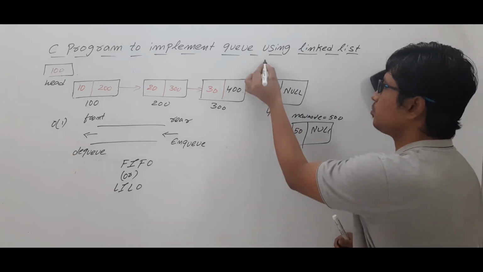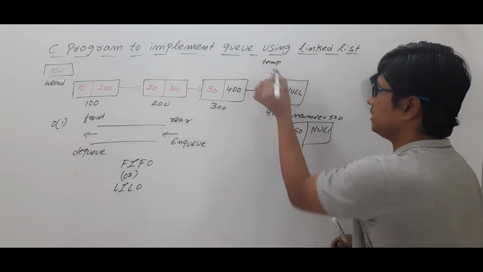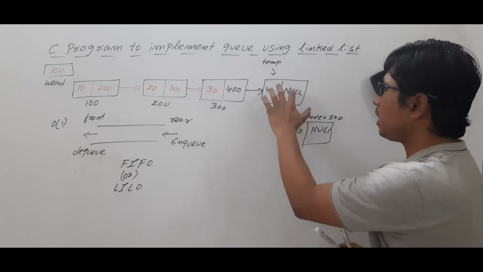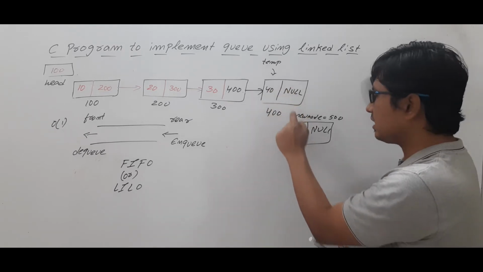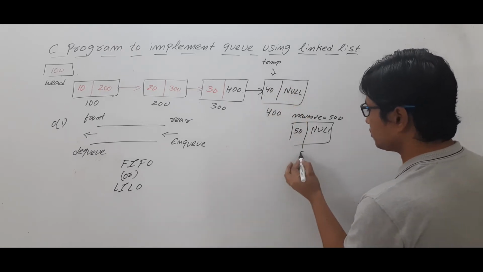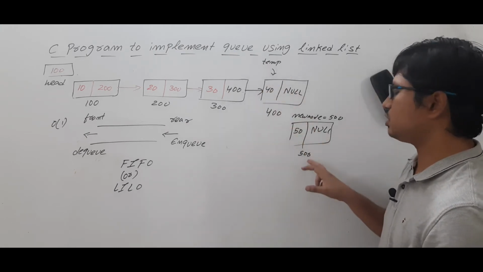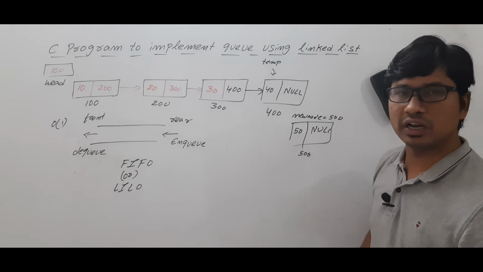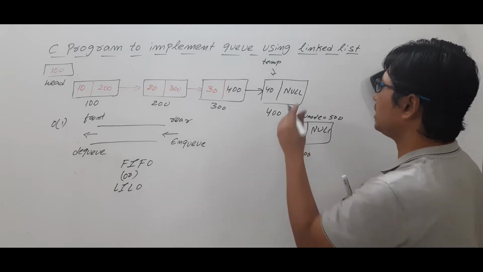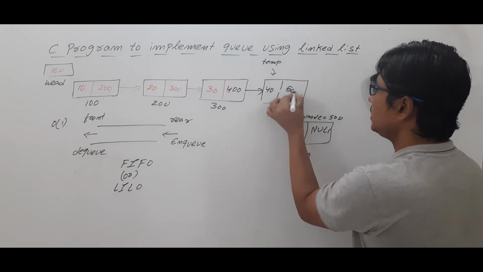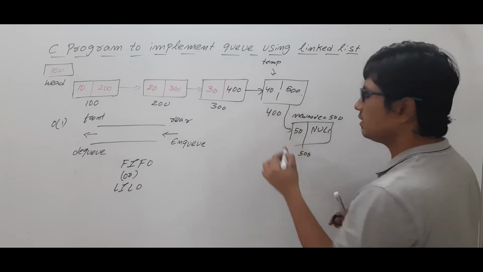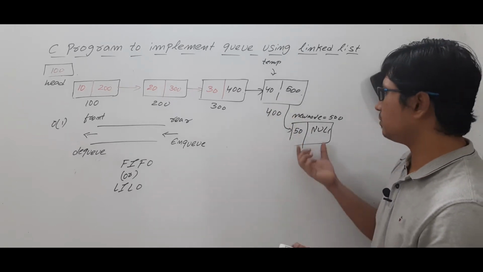Let's take that using a pointer called temp, you have come up to here. Then what you have to write, you have to keep here the address of this node. The address of this node is 500. Then what you have to write, temp of next is equal to new node. Then it will have the 500 here. Then only the node can be inserted.